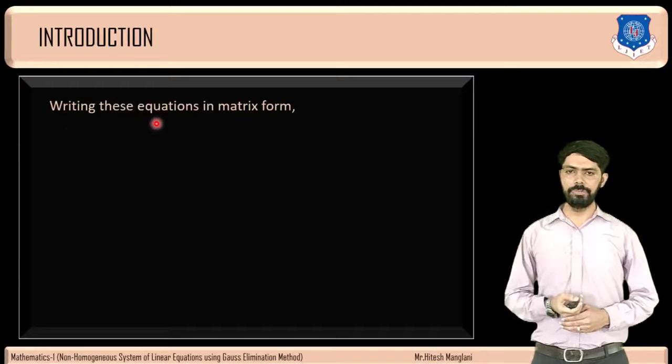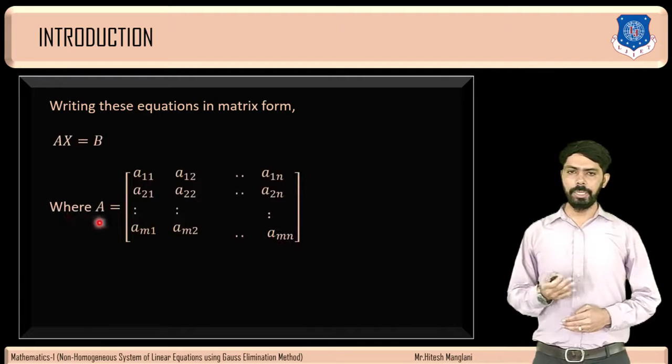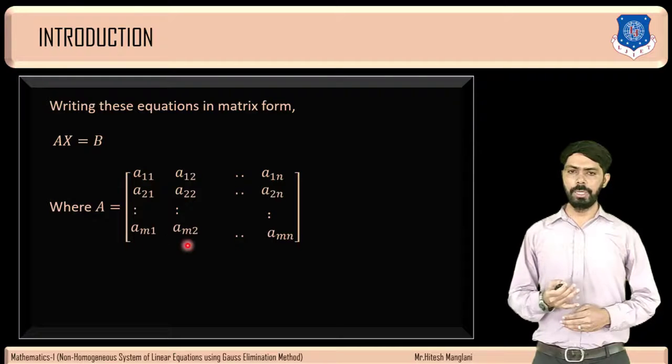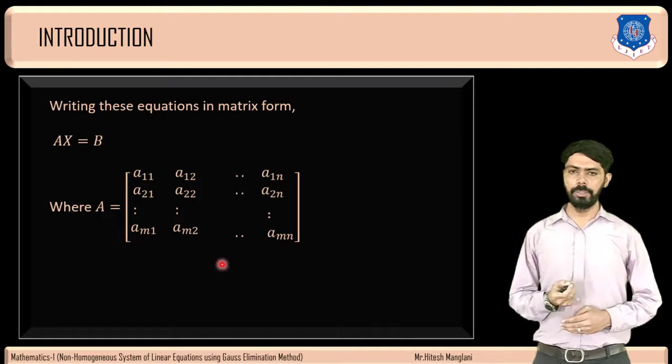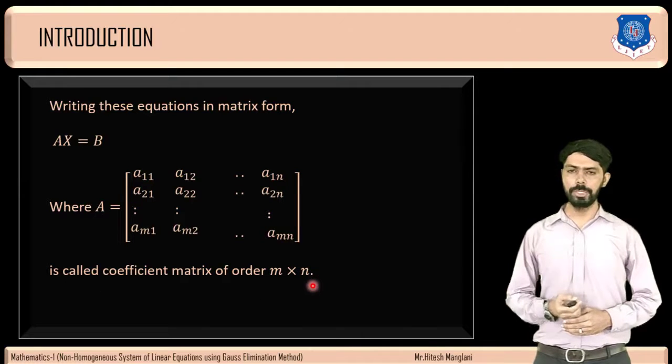So writing these equations in matrix form, AX is equal to B, where A is equal to a11, a12 up to a1n, then in second row a21, a22 up to a2n, then am1, am2 up to amn. So this is called the coefficient matrix of order n cross n.